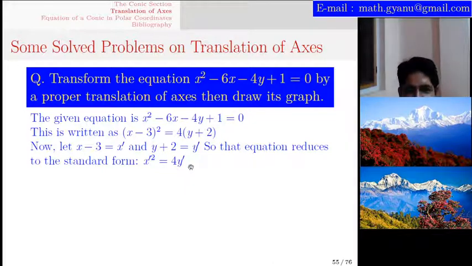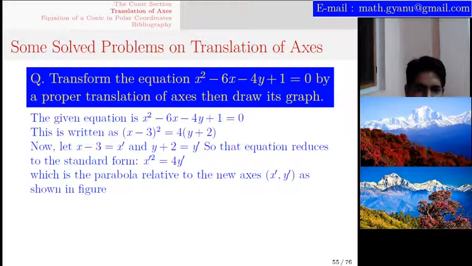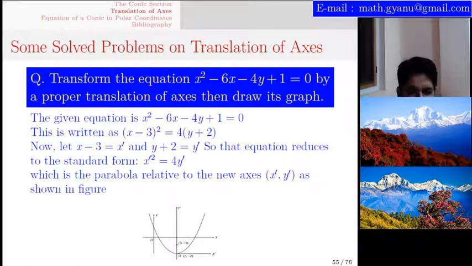That is the standard form of a parabola whose axis is the y axis, which is the parabola related to the new axes x prime y prime as shown in the figure.